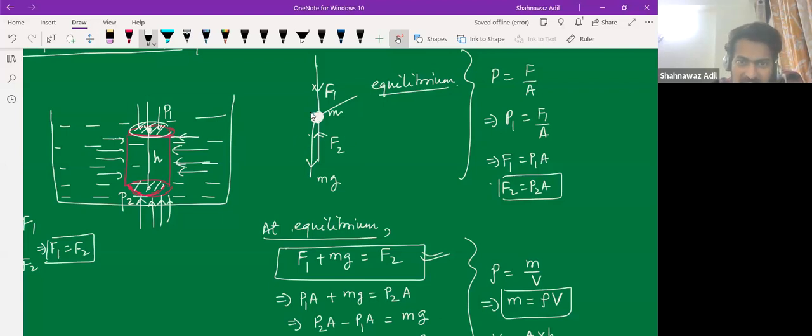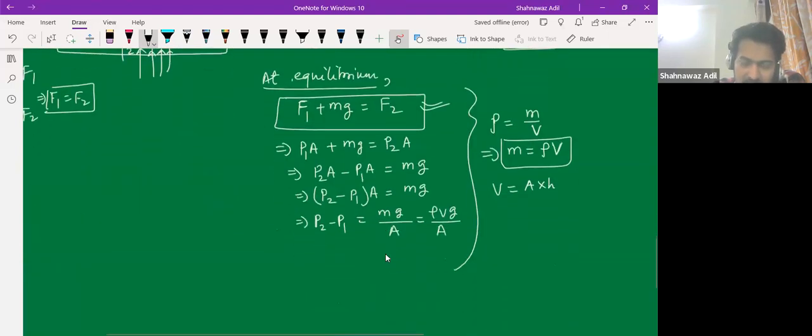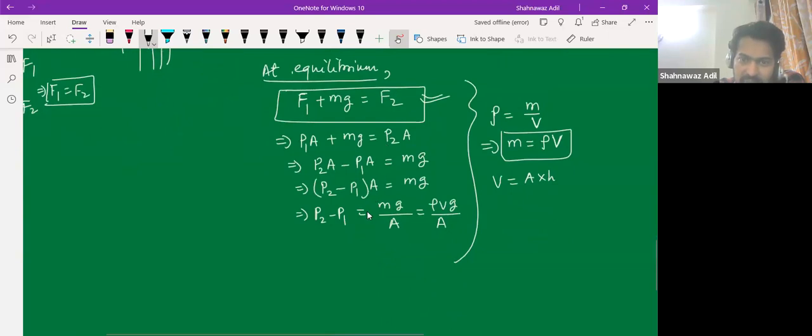We know this thing is at equilibrium and not moving, which means the downward forces are balancing the upward forces, right? So the downward forces were F1 and mg, and this was balanced by the upward force F2. Then I wrote the values of F1 and F2, and we got this.